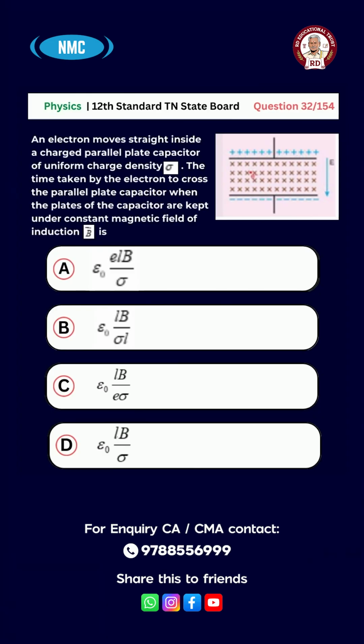The time taken by the electron to cross the parallel plate capacitor undeflected when the plates of the capacitor are kept under constant magnetic field of induction B vector is option A, epsilon naught ELB by sigma, B, epsilon naught LB by sigma L, C, epsilon naught LB by E sigma, D, epsilon naught LB by sigma. The right answer for this question is option D, epsilon naught LB by sigma.